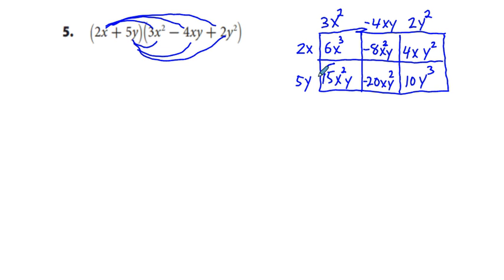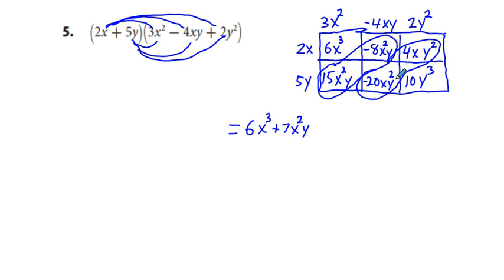And we have our like terms arranged in diagonal fashion here. And that being the case, our answer to this multiplication is going to be 6x cubed. And we have 15x squared y minus 8x squared y, which is plus 7x squared y.